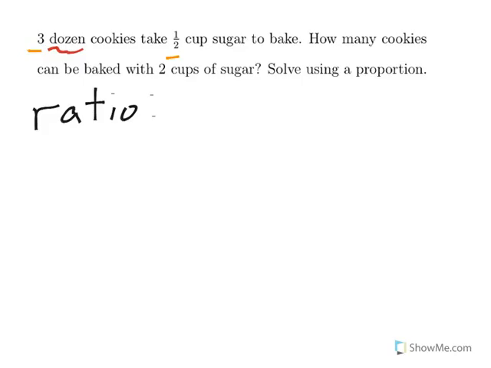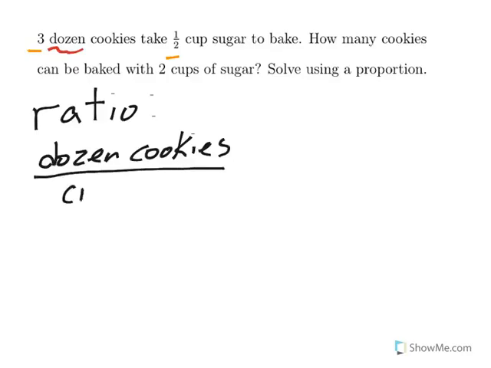So the ratio that I'm actually going to work with is how many dozen cookies we can bake with how many cups of sugar. And so that's the ratio I will use. And the given information has that 3 dozen cookies take 1/2 cup of sugar.